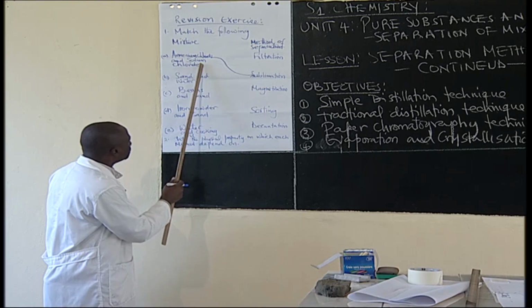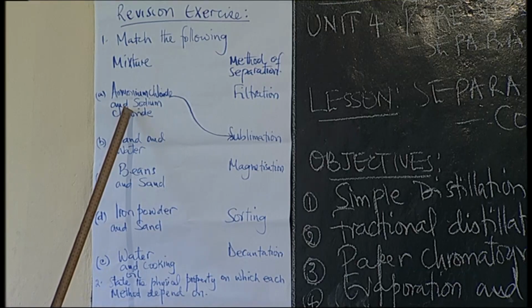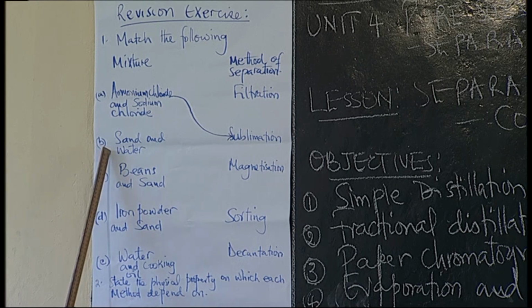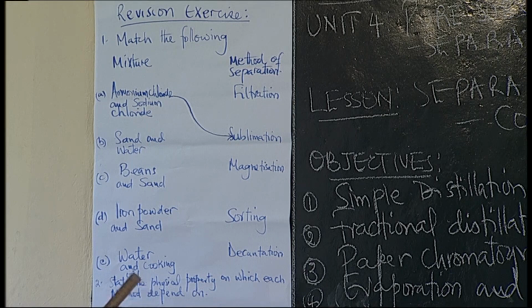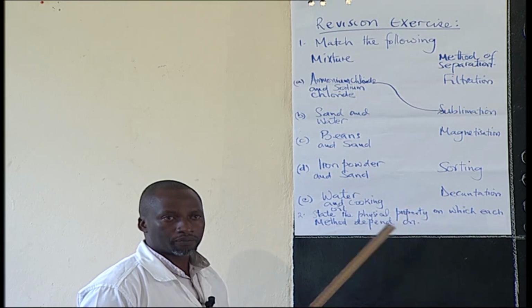That is why we are choosing sublimation as the method that can be used to separate ammonium chloride and sodium chloride. Let's go to the second one, part B, sand and water. I hope this is very obvious. Sand and water. Which method can you match, and let's see whether we get the same answer here?